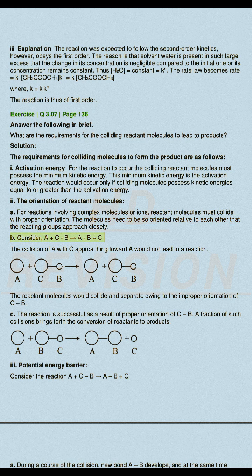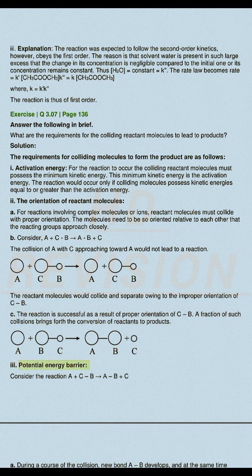B. Consider A + BC → AB + C. The collision of A with C approaching toward A would not lead to a reaction. The reactant molecules would collide and separate owing to the improper orientation of BC. The reaction is successful as a result of proper orientation of BC. A fraction of such collisions brings forth the conversion of reactants to products.